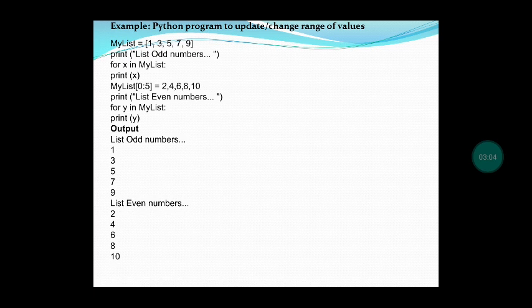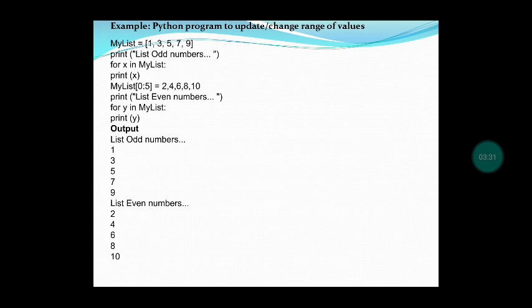My list of 0 to 5 equal 2, 4, 6, 8, 10. So from 0 position to 5th position we are changing all the values. And then by using the for loop, we are printing the even numbers. The 1, 3, 5, 7, 9 numbers have been changed into 2, 4, 6, 8, 10. In this example, we have changed a range of values, more than one value.